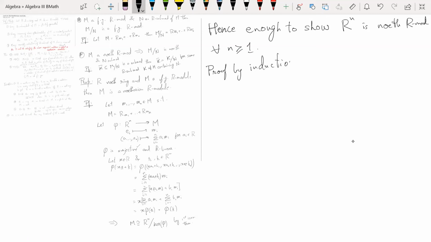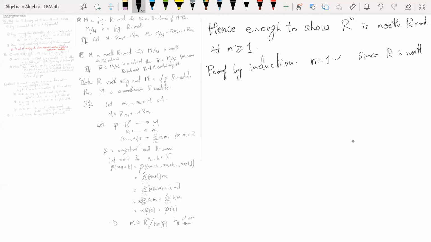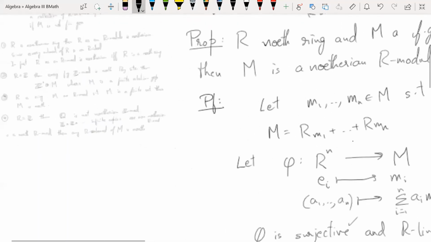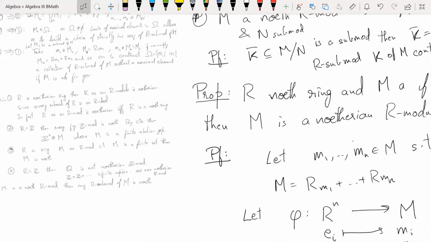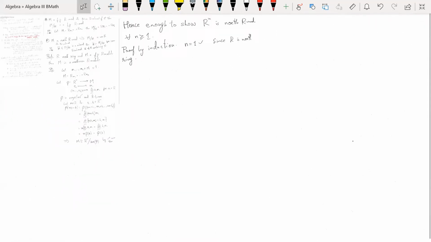And of course, n equals 1 is okay since R is a Noetherian ring. That was the observation that if R is a Noetherian ring, then R as an R module is Noetherian.